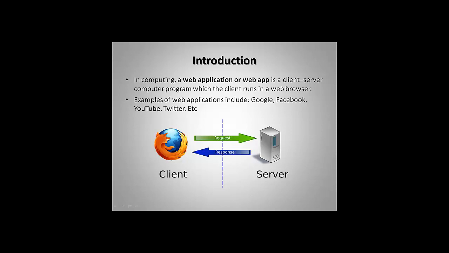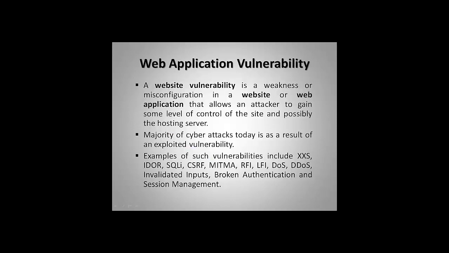That means if a user wants to access a service or a web application like Google or Facebook, what they will need to do is to type the address of the web server hosting that web application in the address bar of their web browser. For instance, www.google.com or www.facebook.com.